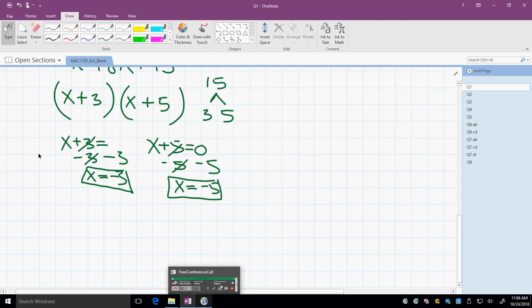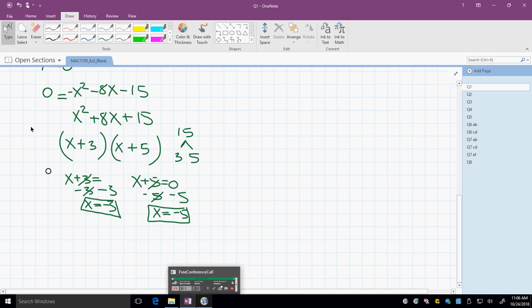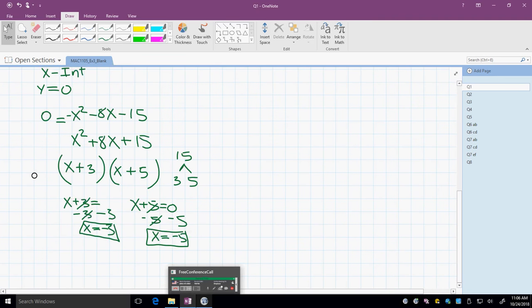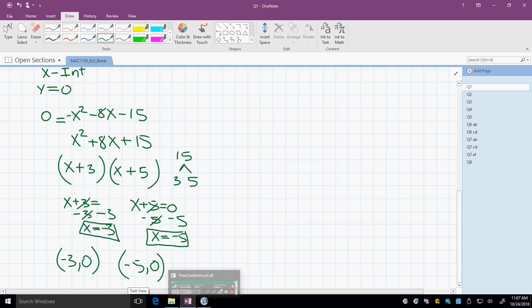If we call y to be 0, we have to make sure that our y is going to be 0 for the x-intercept. So a point is going to be negative 3, 0, that's one of the intercepts. Now, that's not what I meant to write. So now we have negative 5, comma 0.